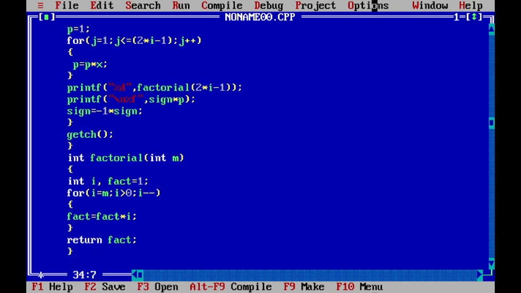So here we first take i equal to m, then we multiply fact by m, then next i minus 1, so it is m minus 1, then m minus 2.